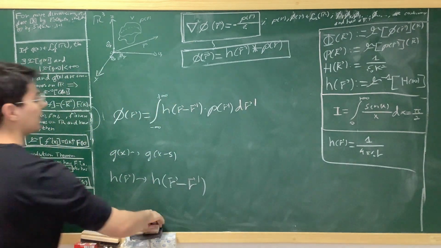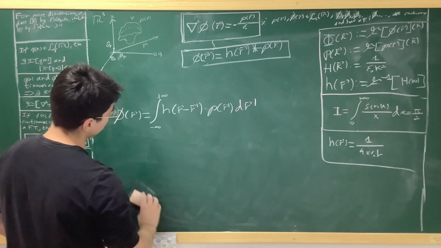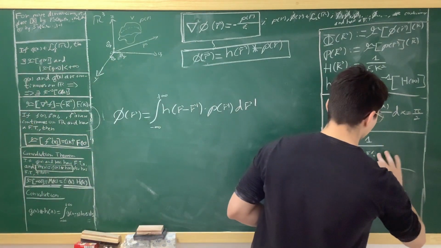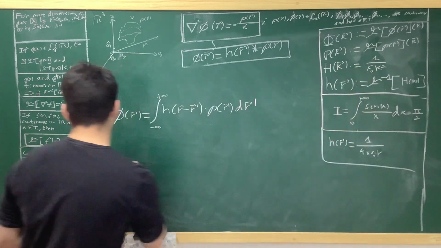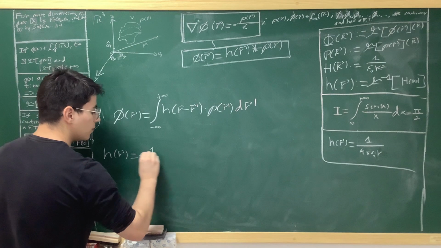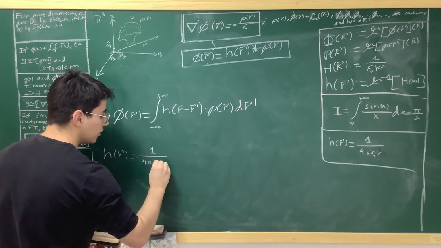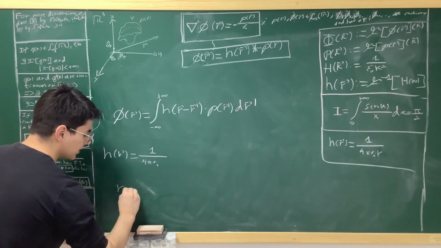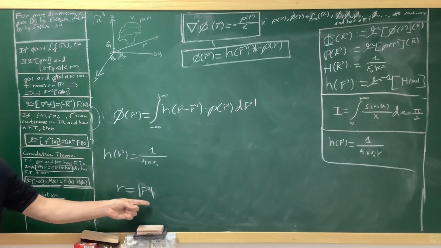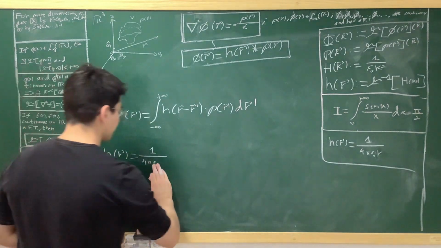Well, we know what h of r is, and just one detail here. H of r is 1 over 4 pi epsilon naught. It's just notation, but r is really just the modulus of the vector r.